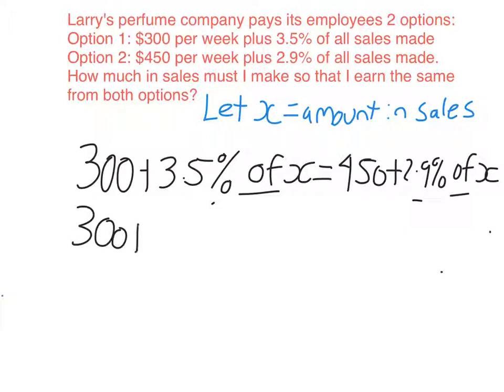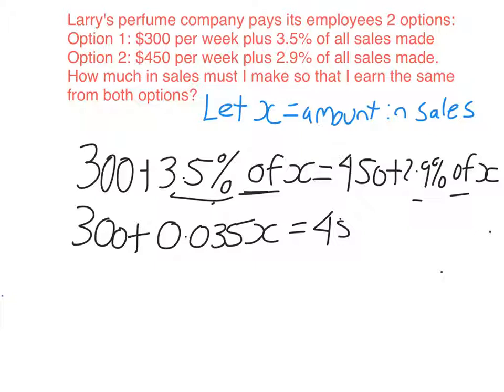So 300 plus the 3.5% is 0.035. Okay, I've just changed the percent into a decimal, and of means times. So that is equal to 450 plus 0.029x.